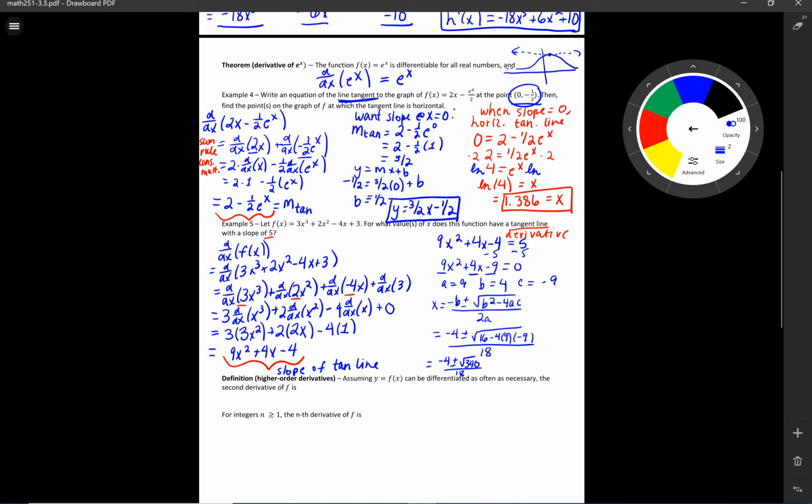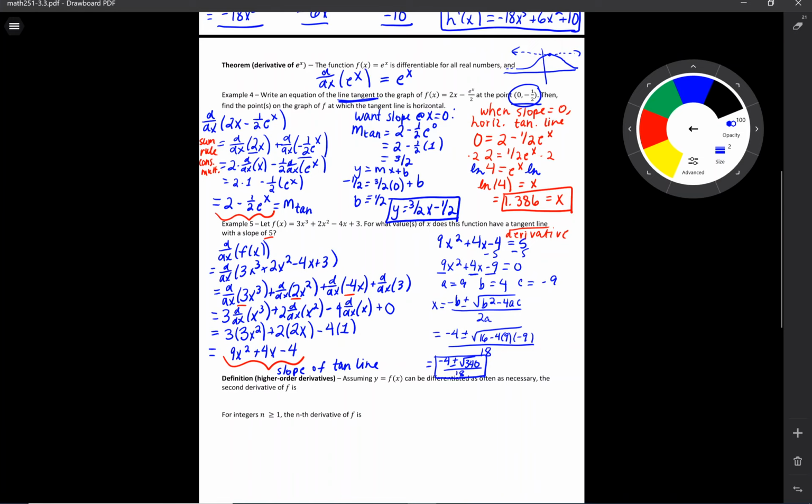And this is how I'm going to leave it. This is as simplified as I want to get. So at these 2 points, negative 4 plus the square root of 340 over 18 and negative 4 minus the square root of 340 over 18, I know that the tangent lines at those points of my original function have a slope of 5. So pretty cool.